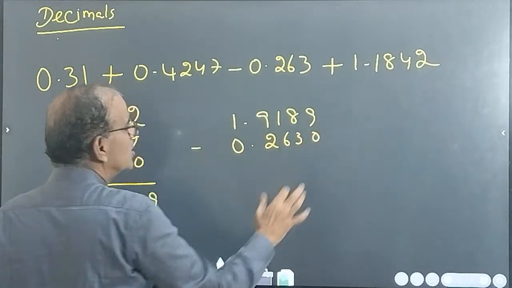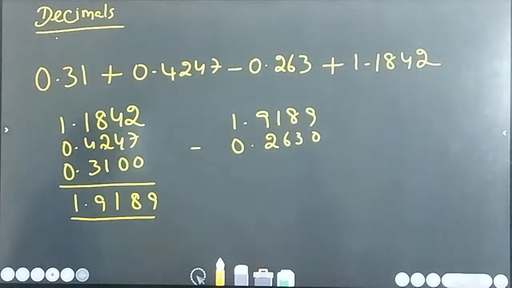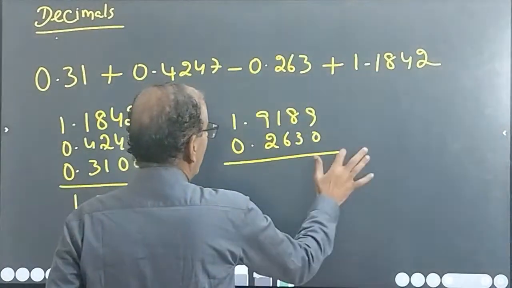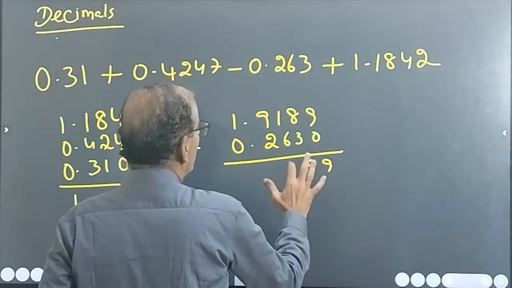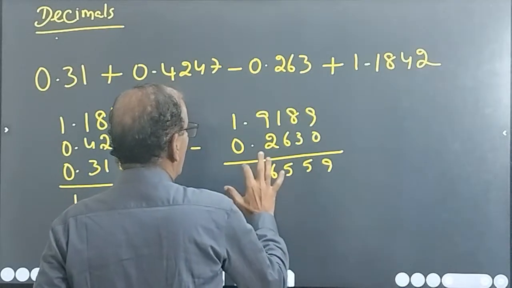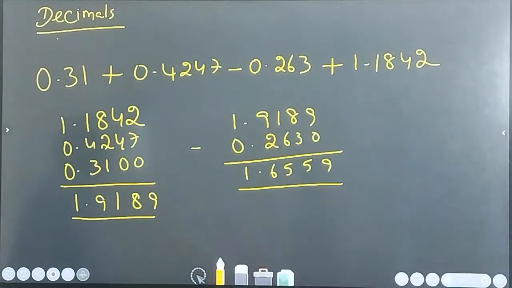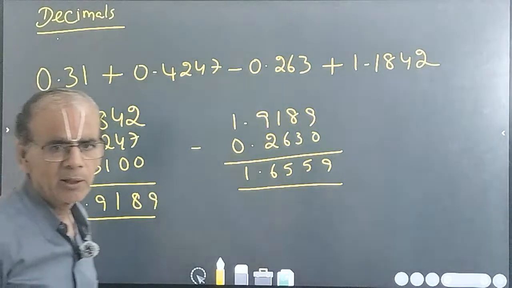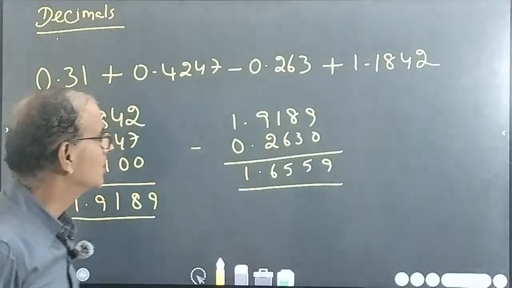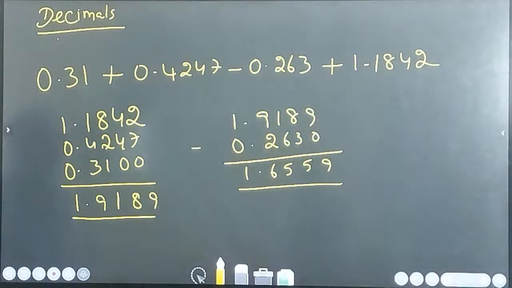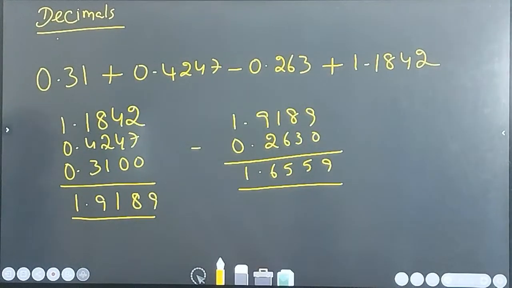Here also you add 0 to avoid any error. What is the answer? 1.6559. If you do it like this, you will never make any mistake at all. No chance at all. So, all the plus numbers you take separately.